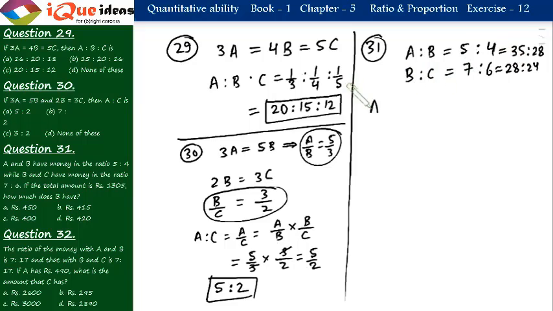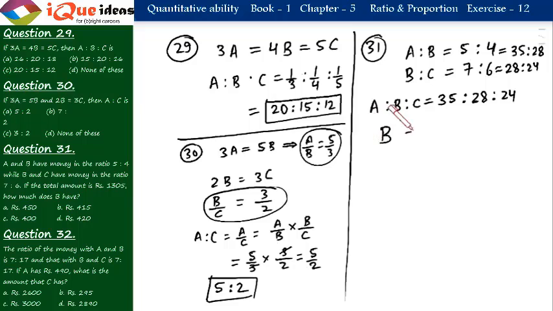From here, we can get the combined ratio of A, B, and C. That is, A is to B is to C is equal to 35 is to 28 is to 24. Right? From here, we need to find the share of B. How much does B have?